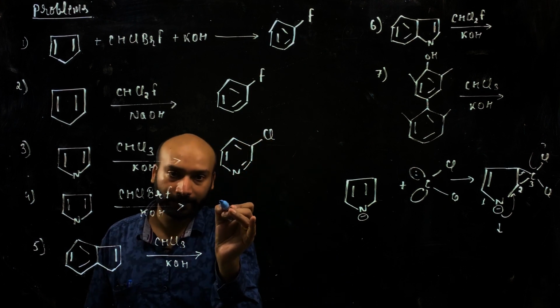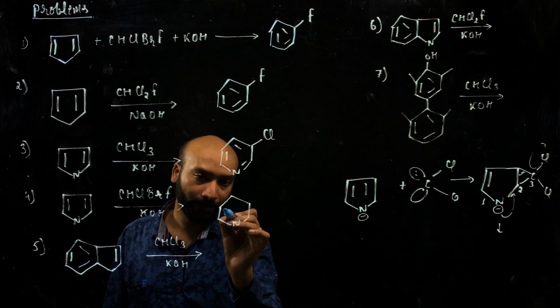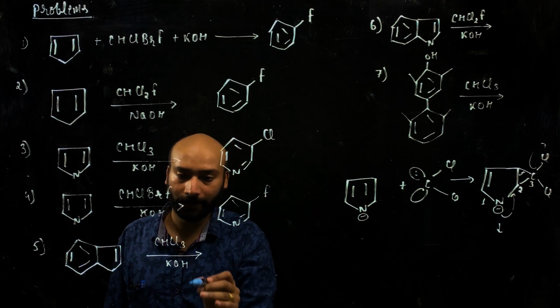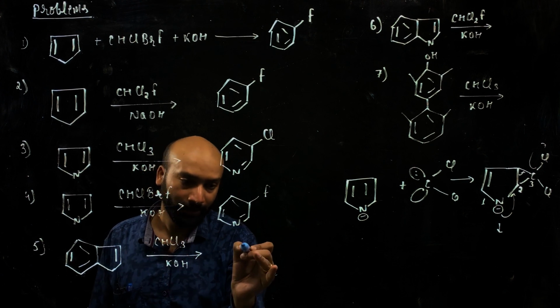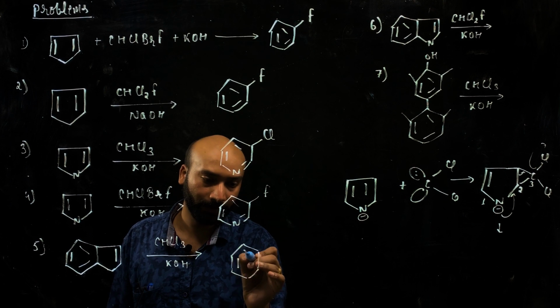In the product formed in this reaction, nitrogen is number 1, number 2, and number 3 will form fluorine. Now in this reaction, this carbon is number 1, number 2, number 3. So number 3 contains the chlorine atom.